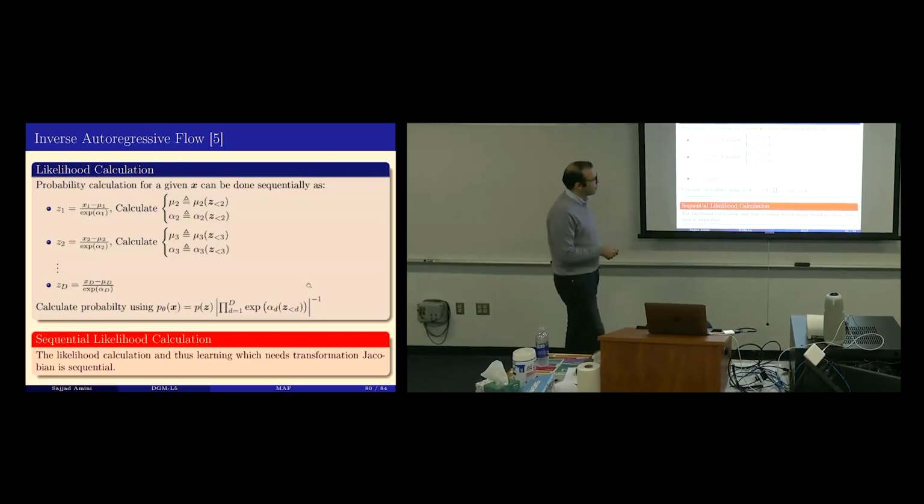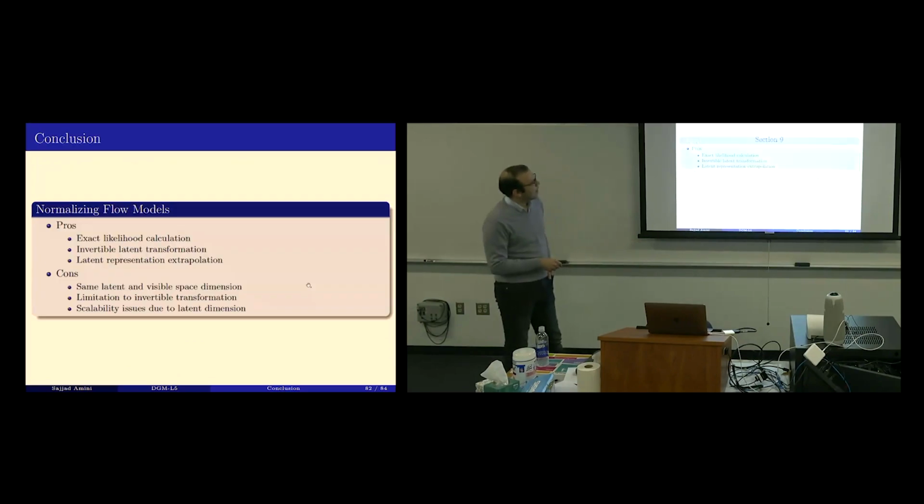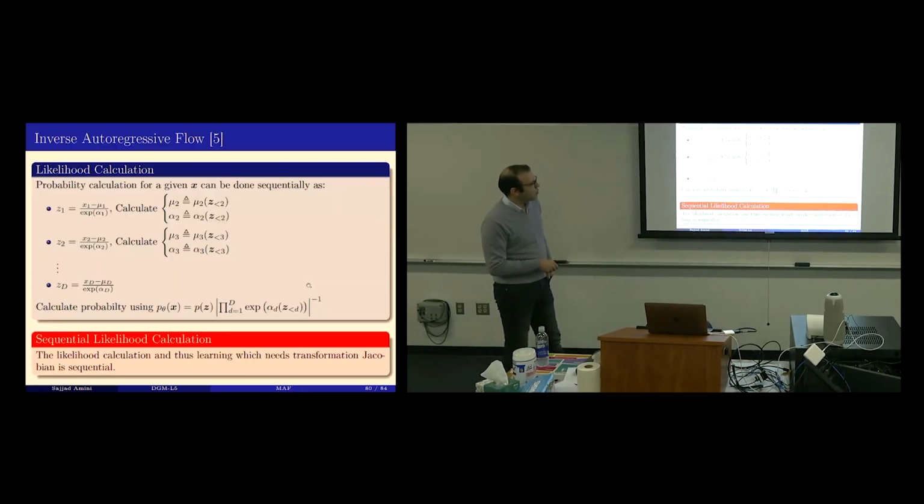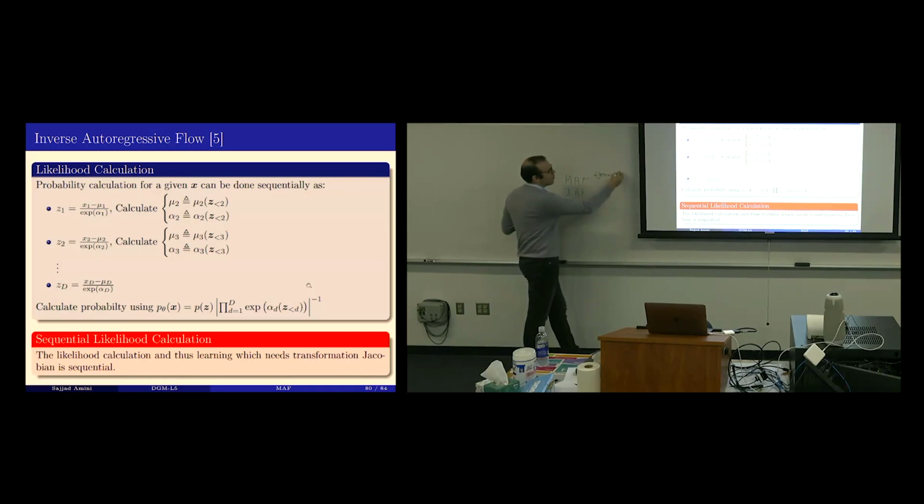So this likelihood calculation is sequential, but for MAF, generation is slow and likelihood calculation is fast.